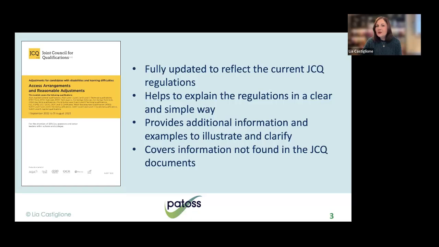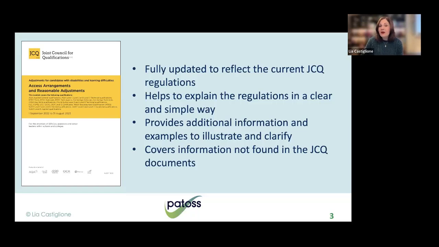As well as helping to explain the regulations, it provides additional information and examples to help to illustrate and clarify information within the JCQ publications. For example, there is a chapter on case studies, and there are completed examples of each of the JCQ forms and guidance sheets to complete those forms within the online resources area.